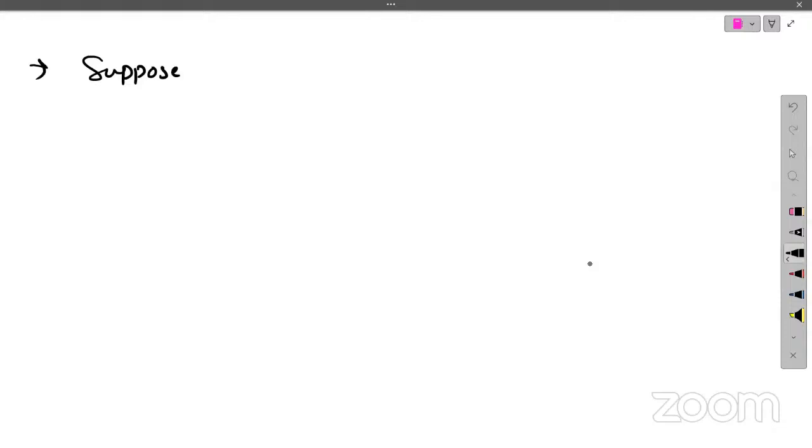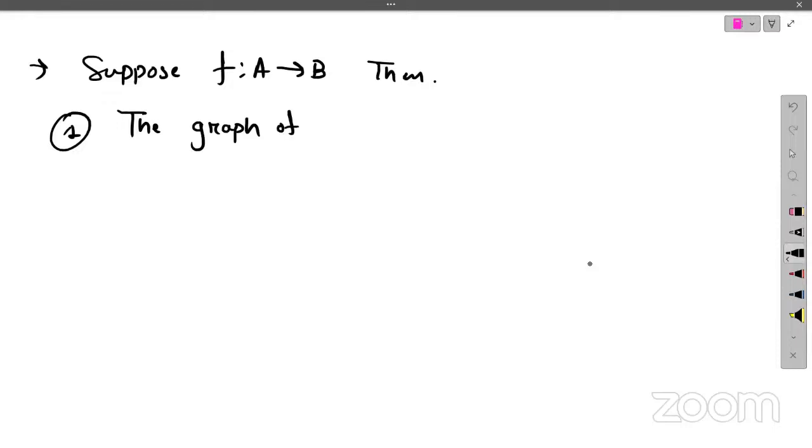There are several rules for that. Suppose f is a function from a set A to B. The first rule is for f inverse. The graph of f inverse is just a mirror image about the line y equals x.